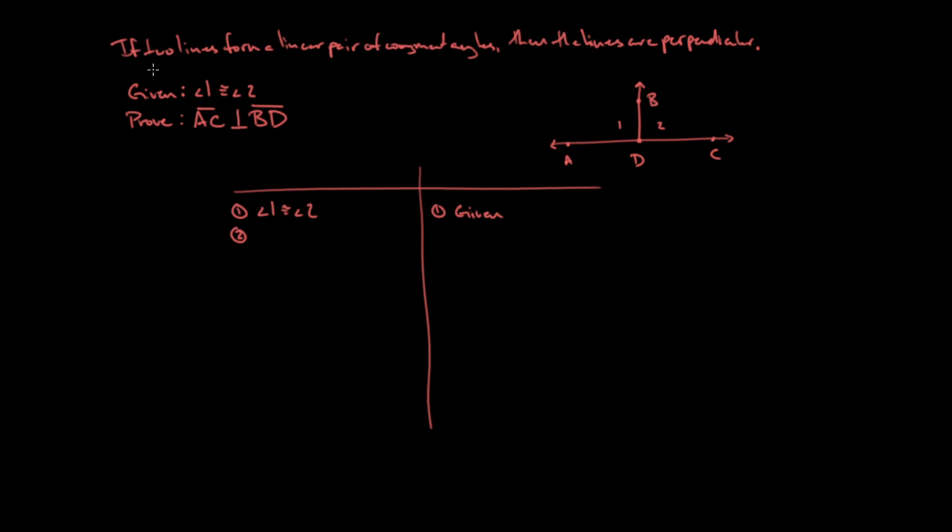Like we said, what I had to start off with is this linear pair thing. So angle 1 and angle 2 are a linear pair. And that is just assumed from the diagram.